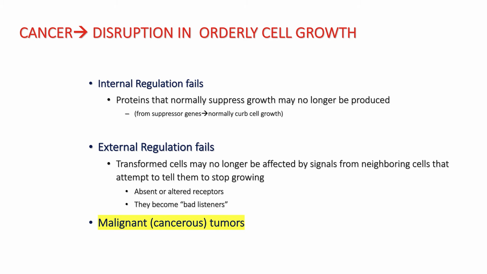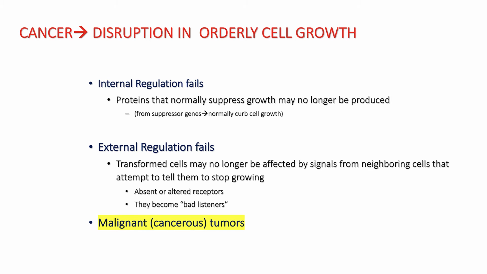You may have external regulation that fails, and transformed cells are no longer listening to their neighbors that are telling them, don't come into my space. And so they also continue to grow. In this case, the regulation that prevents cells from growing fails, and malignant or cancerous tumors grow.